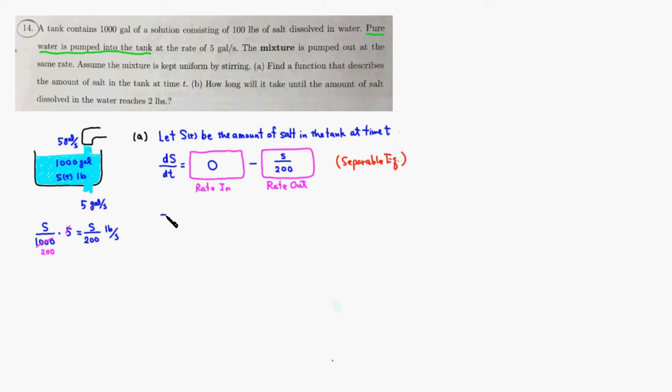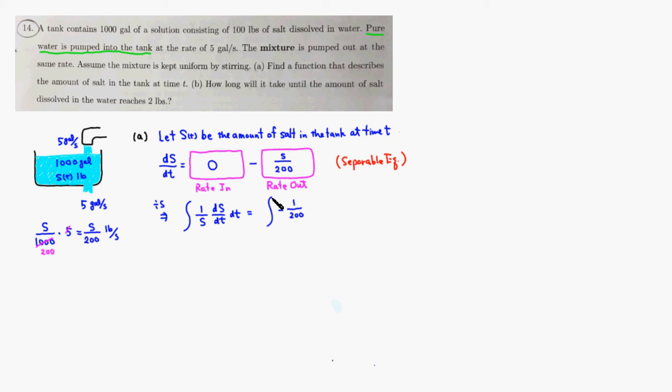I'm going to divide through by S. So you have 1 over S times dS over dt equal to negative 1 over 200, because we divide by S. Then we can integrate both sides with respect to time.